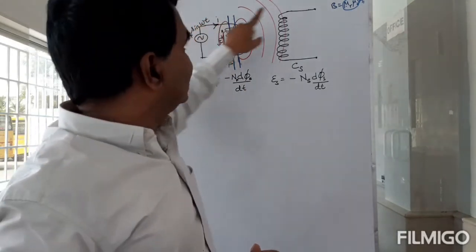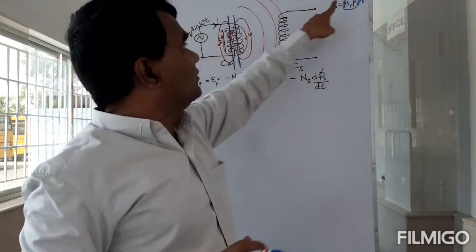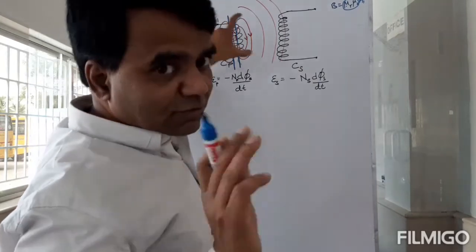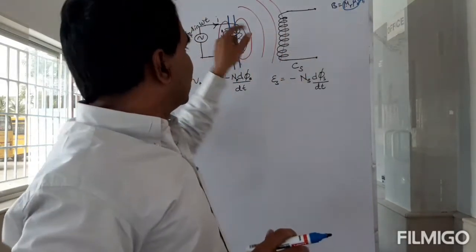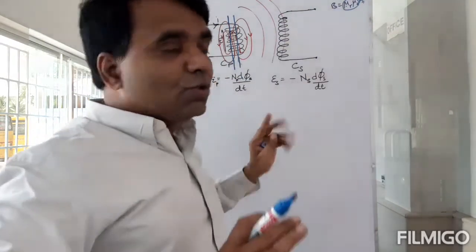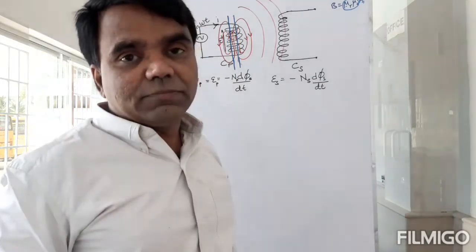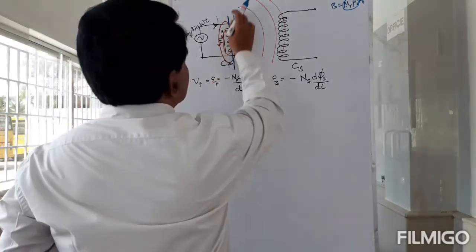If this was not there, the flux through this coil was something like mu naught Ni. Not exactly, because it's not an infinite solenoid, remember, but it will be something similar. Now I have provided this, so it's going to be mu r mu naught Ni. So I have also increased the magnetic field strength.